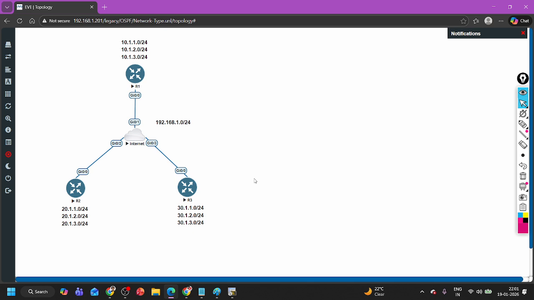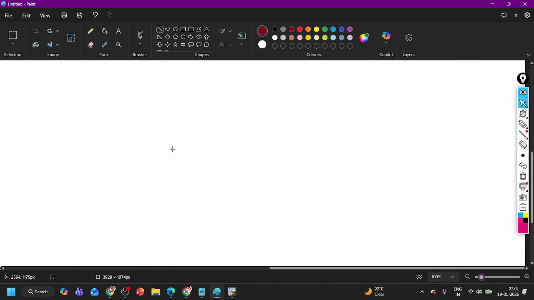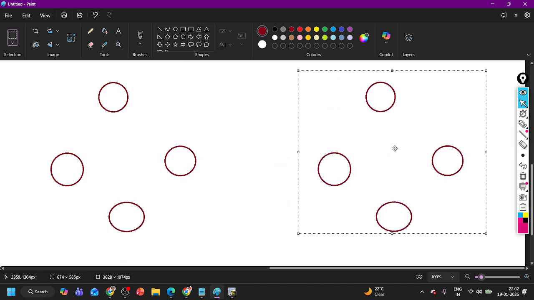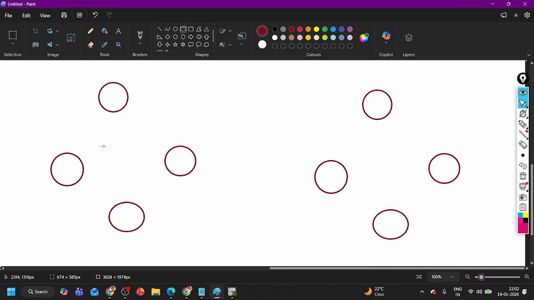And if we have a full mesh topology, like this, see now. In this topology, my OSPF network type is going to be different from this topology.